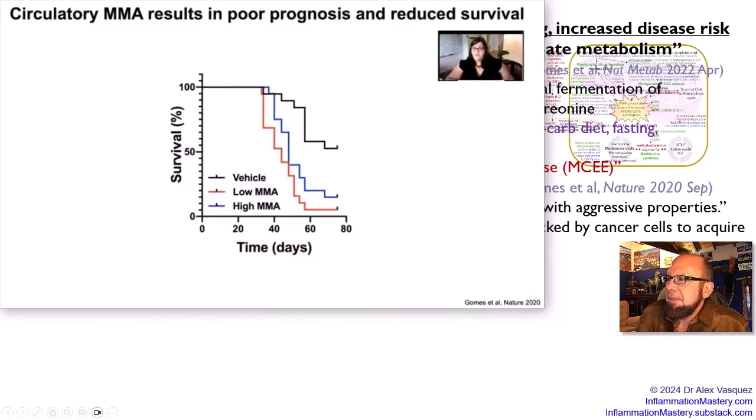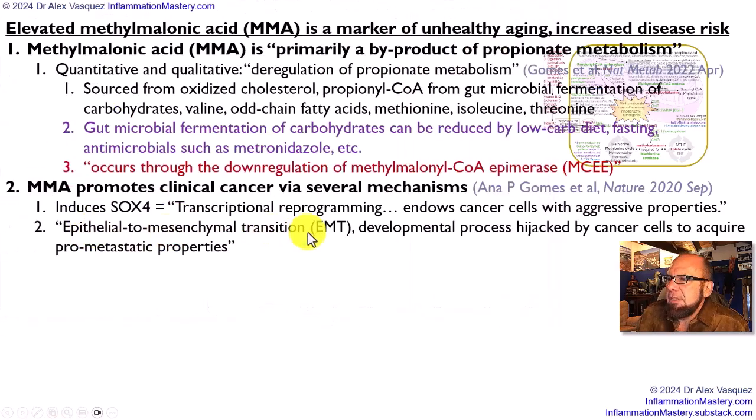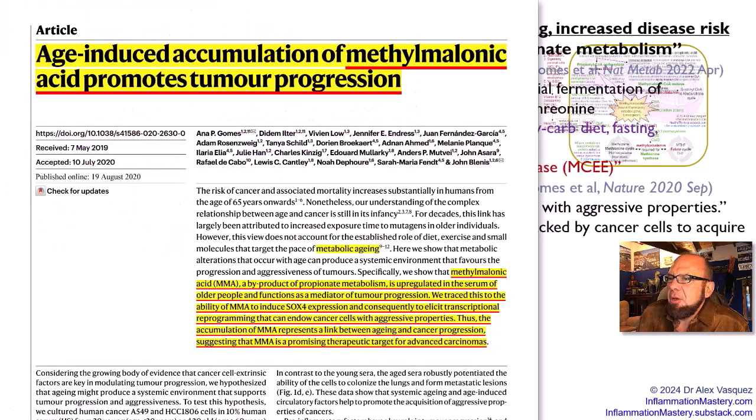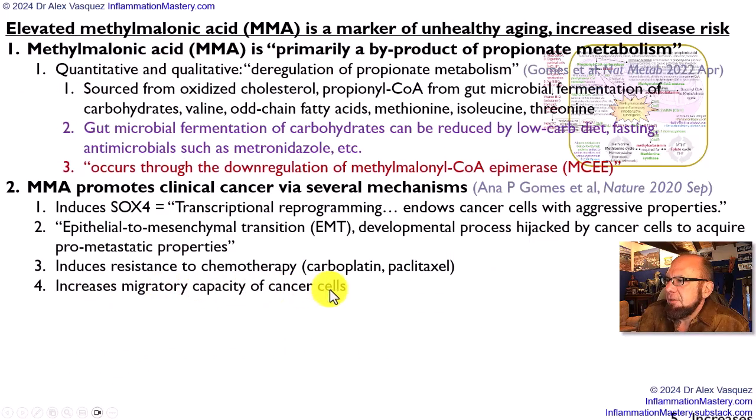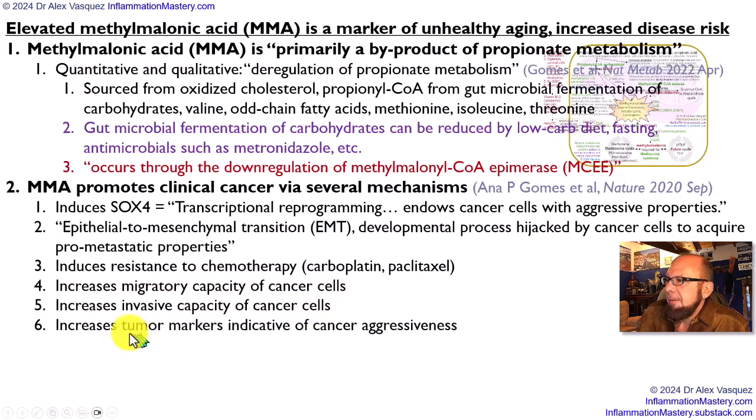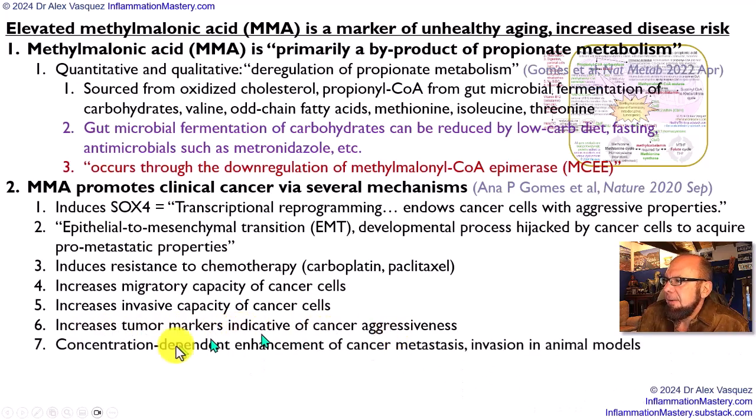She describes this as epithelial to mesenchymal transition, which is a developmental process hijacked by cancer cells to acquire pro-metastatic properties. This induces resistance to chemotherapy, increases migratory capacity of cancer cells, increases invasive capacity of cancer cells, increases tumor markers indicative of cancer aggressiveness, and causes concentration-dependent enhancement of cancer metastasis and invasion in animal models.